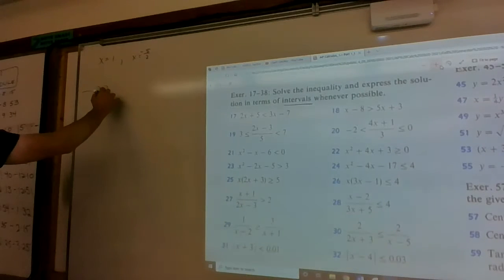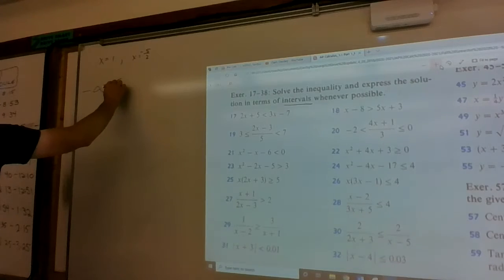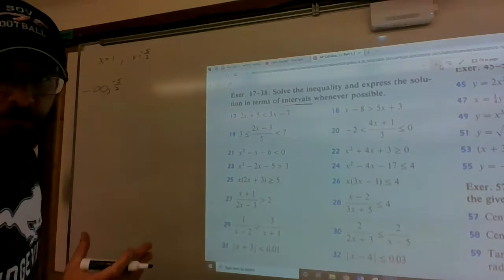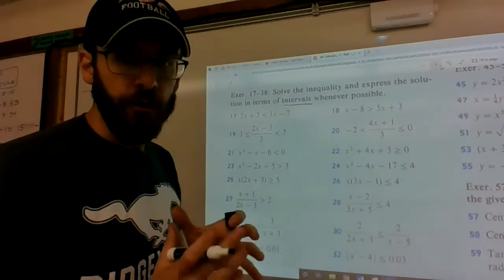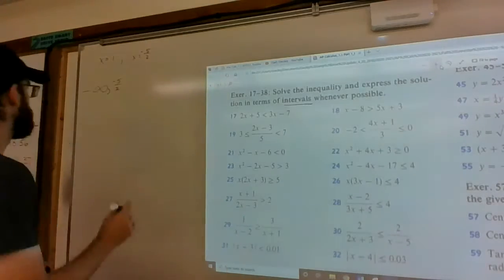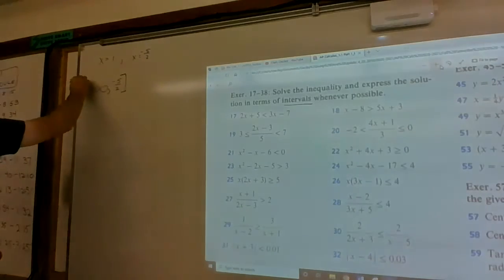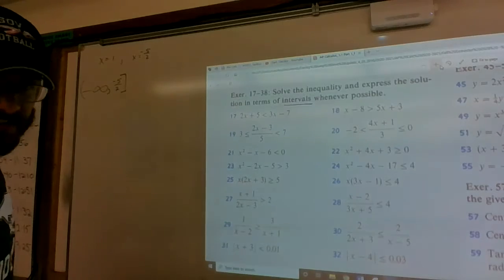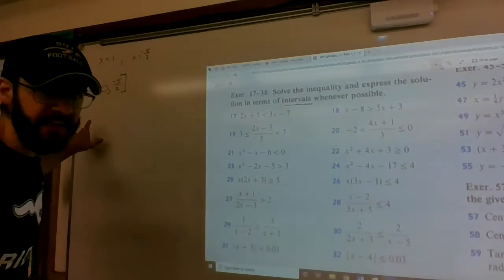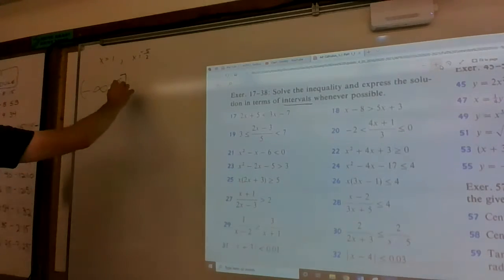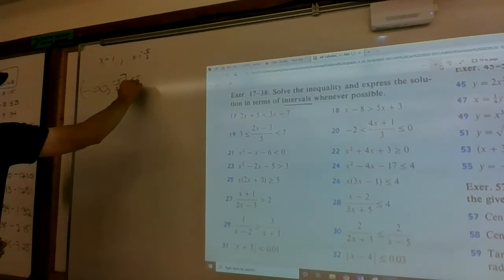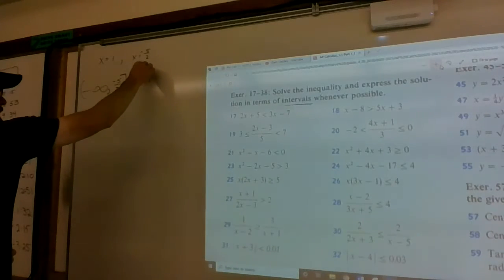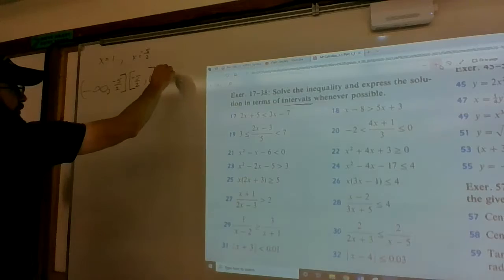We're going to go negative infinity to negative 5 halves. We're going to use a bracket because the whole thing was greater than or equal to. That bracket indicates that it does include it. The parenthesis indicates that it does not include it. Then we'll have an interval from negative 5 halves to 1, and then 1 to infinity.